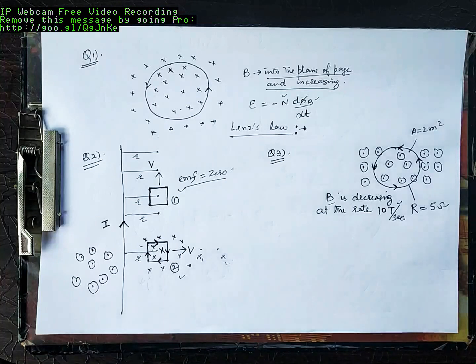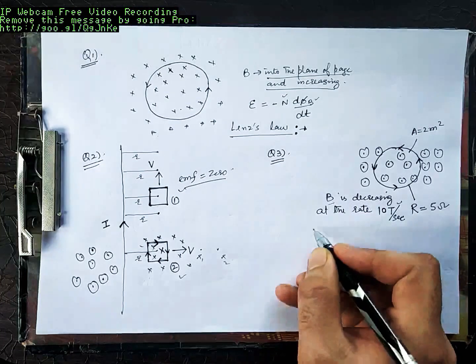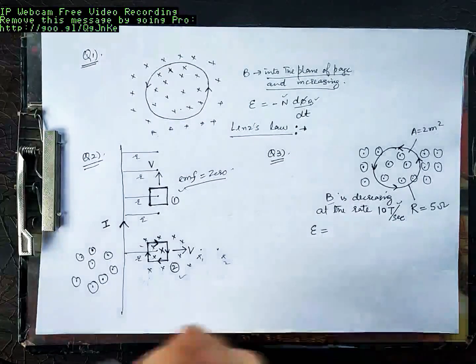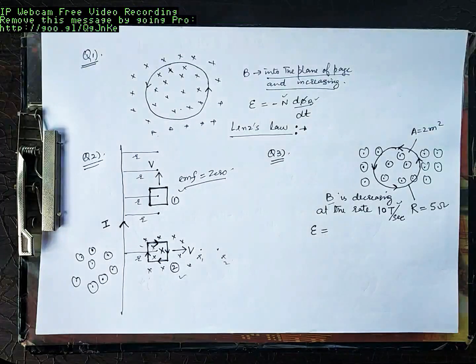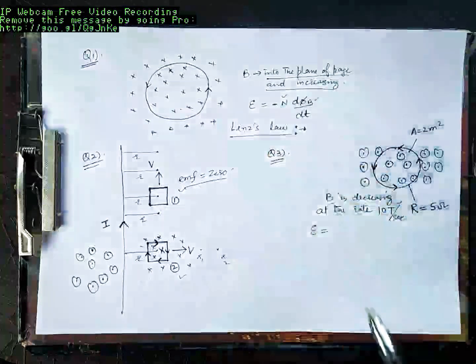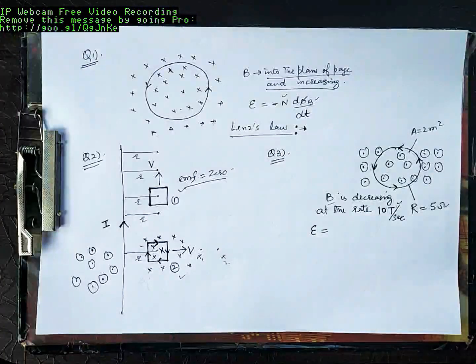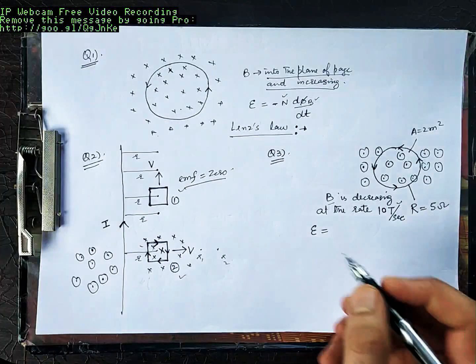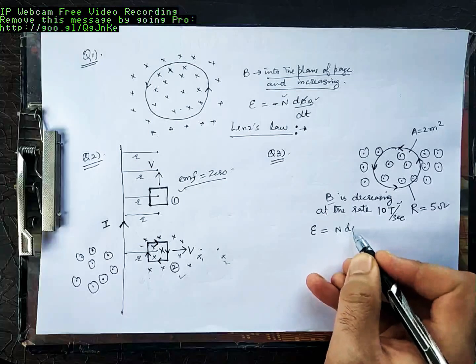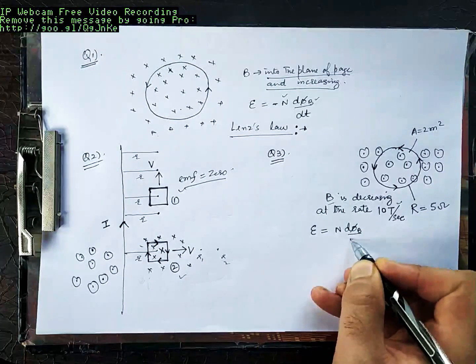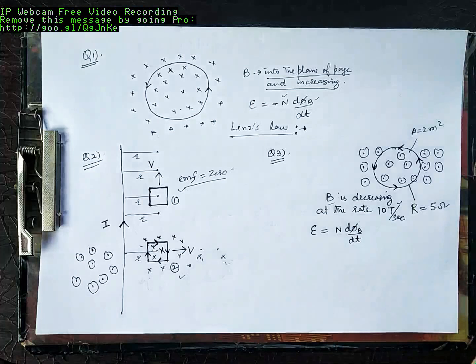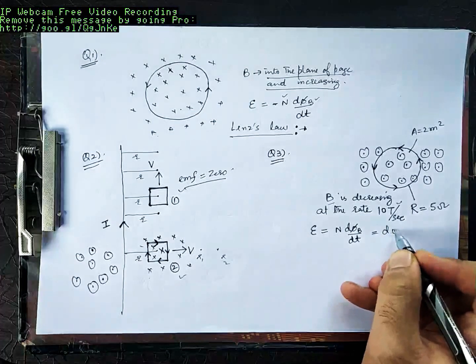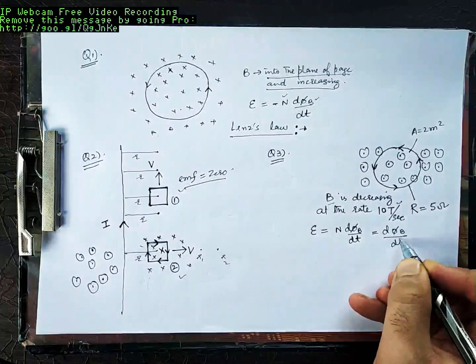Now let's try to calculate the magnitude of current. We already know that the induced EMF E is, I'm talking about magnitude only, this negative gives the sign, and we already found the direction. E is equivalent to N dφB by dt. Here N is 1, so this is only dφB by dt.